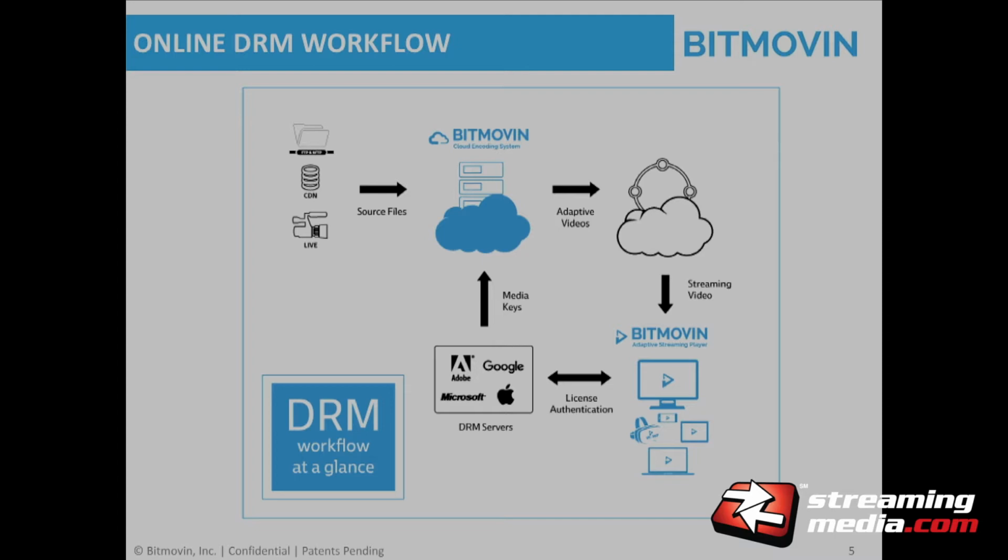The player asks the licensing server, is this user with that configuration allowed to play back that stream on the given platform? There are also DRM protection schemes that restrict playback of high quality content, for example, on notebooks that don't allow the necessary protection schemes. So the player communicates with the license server and gets the approval or not. And that's a secure workflow, basically from the beginning to the end.